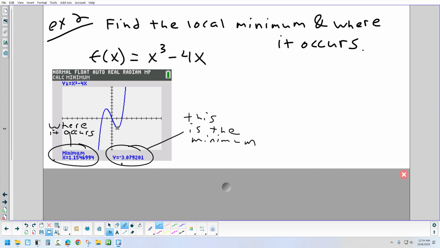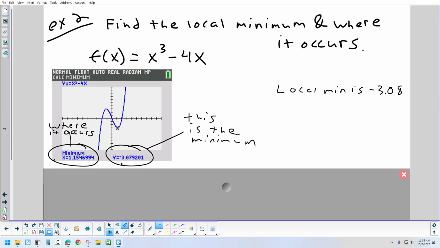So to answer that question, find the local minimum. You would say the local min is, and then tell me how far down it goes. It goes down to about negative 3.08. And then what the minimum is, the x value. Okay? It occurs at 1.15.